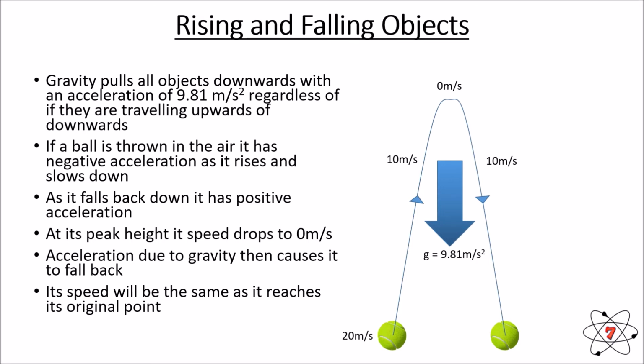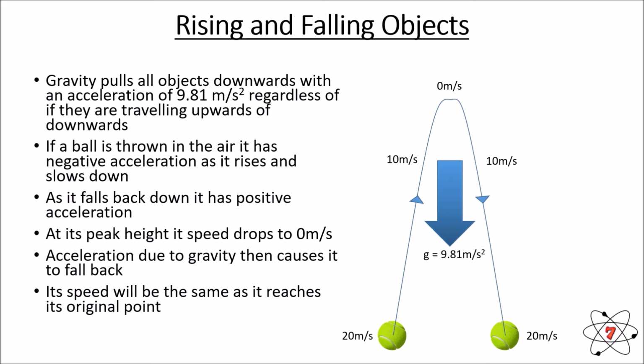It will then accelerate as it travels downwards to a speed of 10 meters per second at exactly the same point, height-wise, as when it reached 10 meters per second traveling upwards. And when the ball lands and reaches the same point that it started from, its velocity will be the same but in an opposite direction.